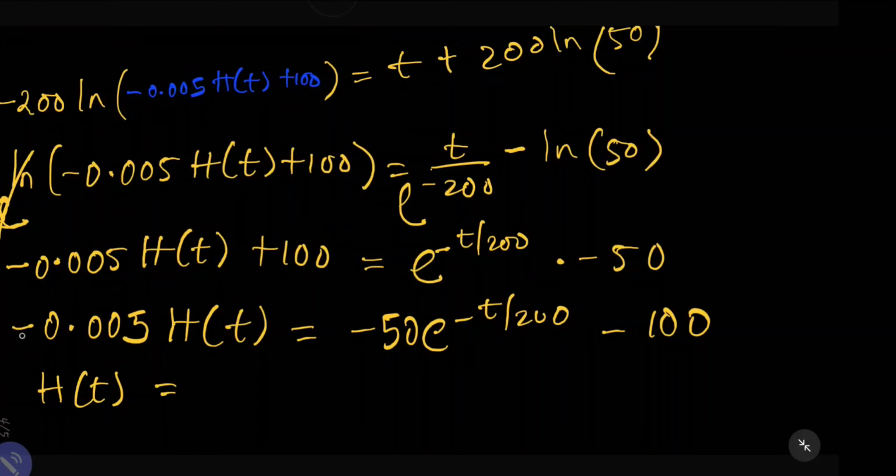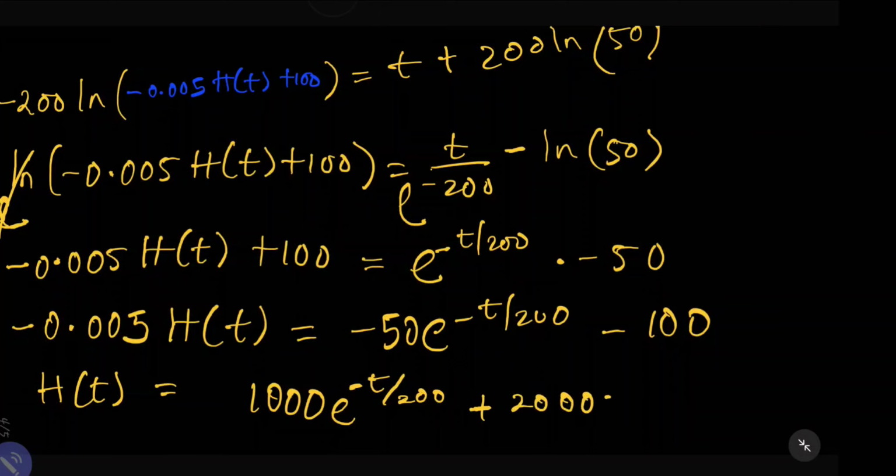Minus 50 divided by minus 0.005 gives us 1000 exponent of minus t divided by 200, minus 100 divided by minus 0.005 gives us plus 20,000.